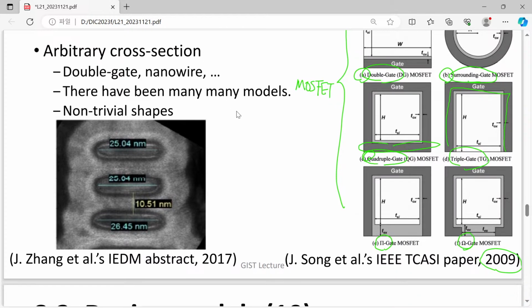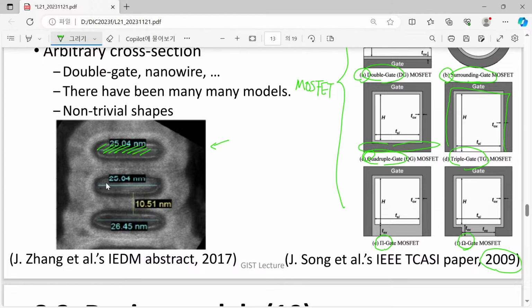Please have a look at this left figure. Can you match the shape of this silicon layer to any of them? Here you have a relatively dark region. This is the silicon region. And what is its shape?